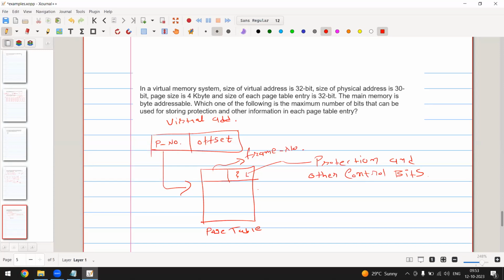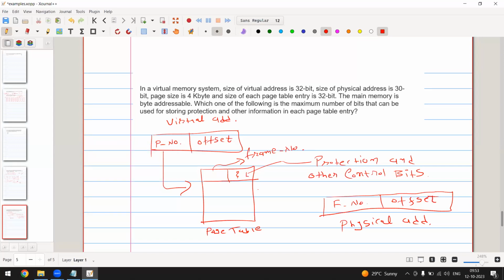Now at the other end, I also have physical address. How does the physical address look like? Physical address looks like frame number and offset. If you see, frame number is also given. It says that physical address is 30 bit and page size is 4 KB.